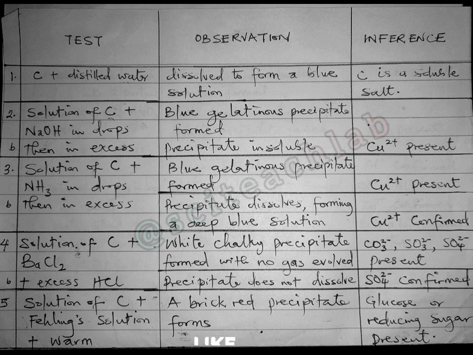In your exam hall, these are the possible tests you would see, because this is the only way you will find the copper ions, sulfate ions, and the test for glucose. So I will drop a video of this process, but this is what you are supposed to report in your examination. Observe how it's written and write it the same way.